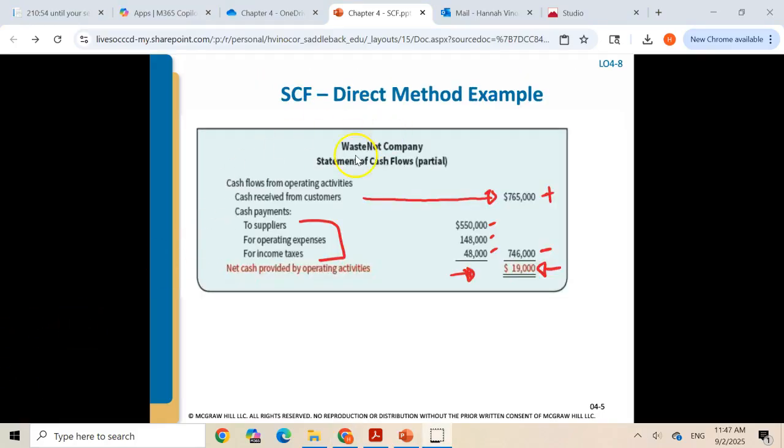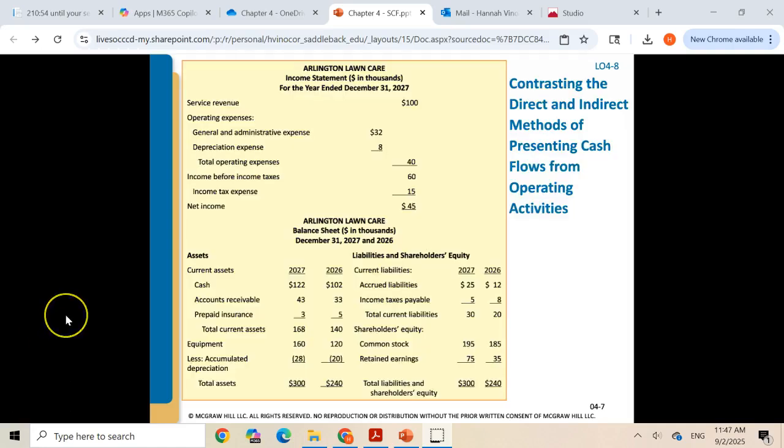So if you recall, the direct method shows the cash inflows less the cash outflows. In order to calculate the cash inflows and outflows for the direct method, we have to analyze the income statement, and we analyze the current asset section and current liability section of the balance sheet.